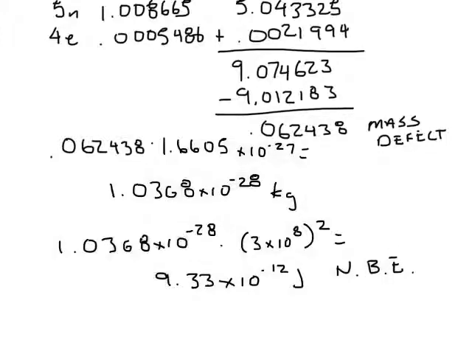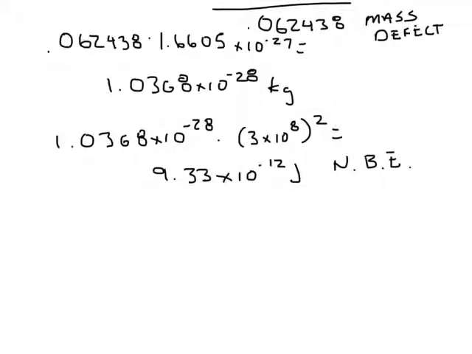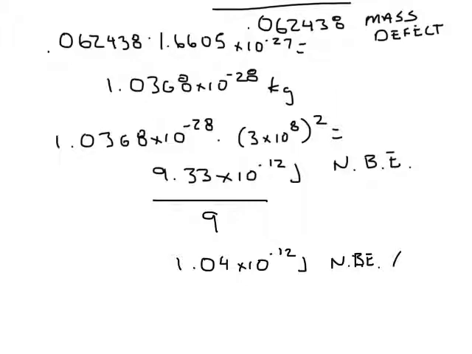My last step in this process is expressing that on a per nucleon basis. The mass number of beryllium was 9. And so that is my nuclear binding energy per nucleon. And that is it.